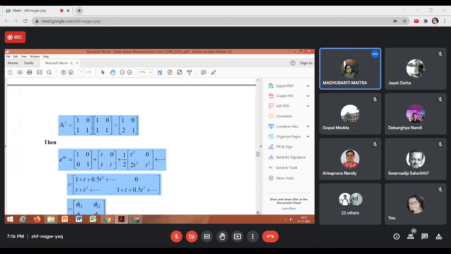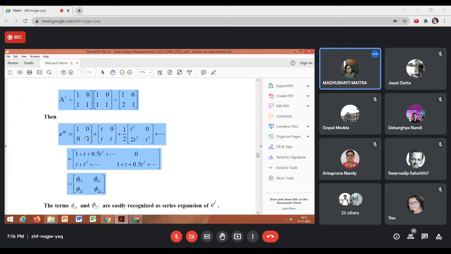So this identity matrix, plus At, plus half A square t square. The first element of the resultant matrix will be 1 plus t plus half t square, 1 plus t plus 0.5 t square.